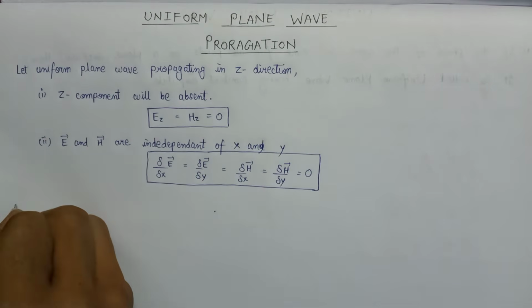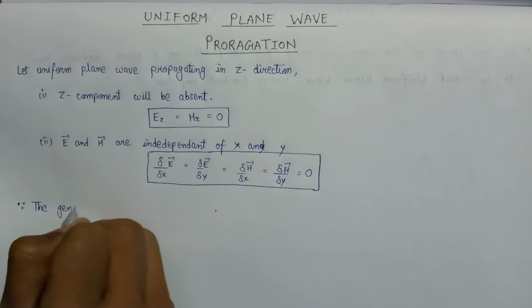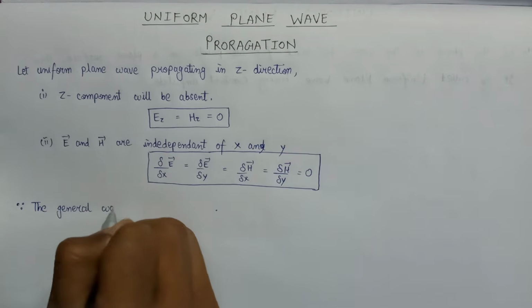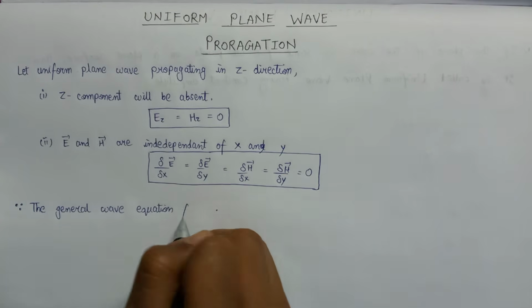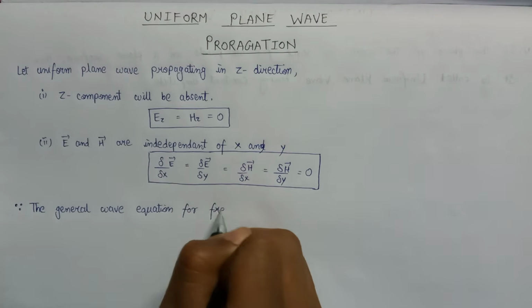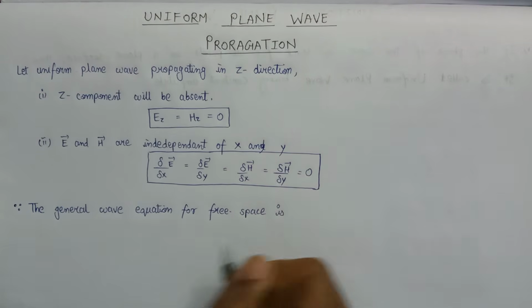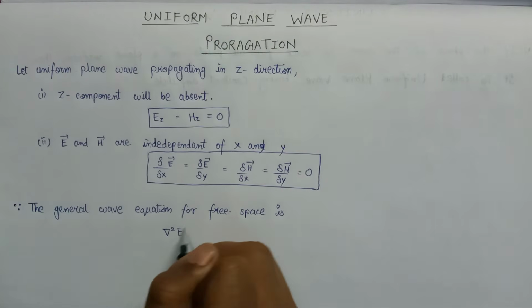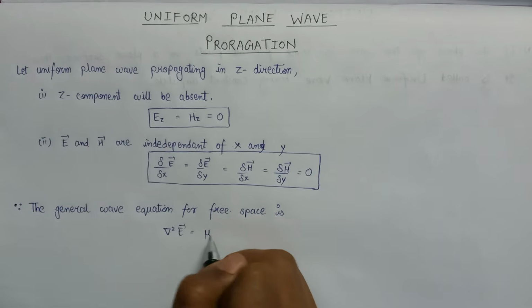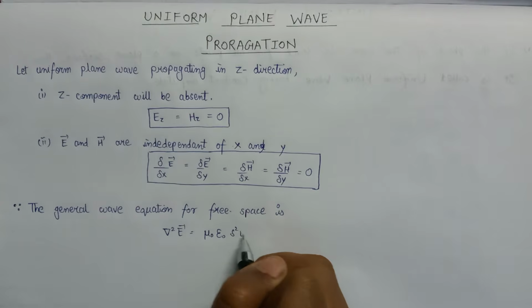We all know that the general wave equation for free space is given as del 2 E is equal to mu 0 epsilon 0 del 2 E over del t square.